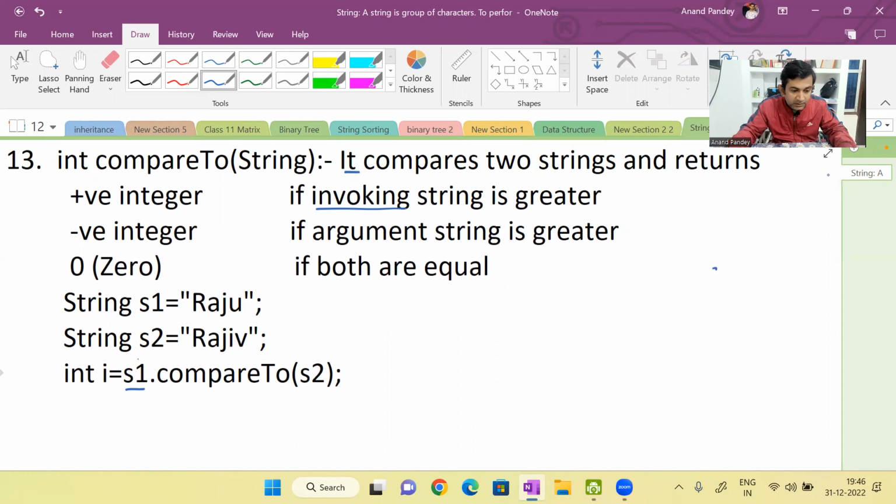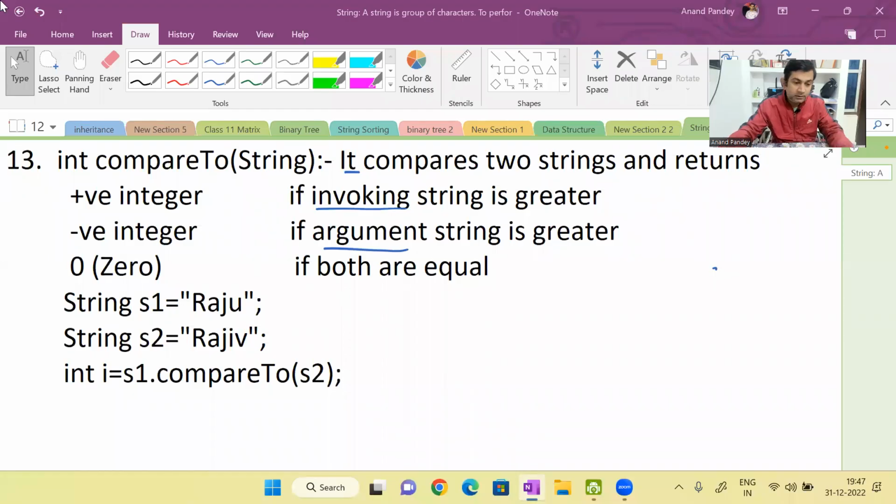The string to which we are passing as argument, we call the argument string. Invoking a function and calling a function are both the same.